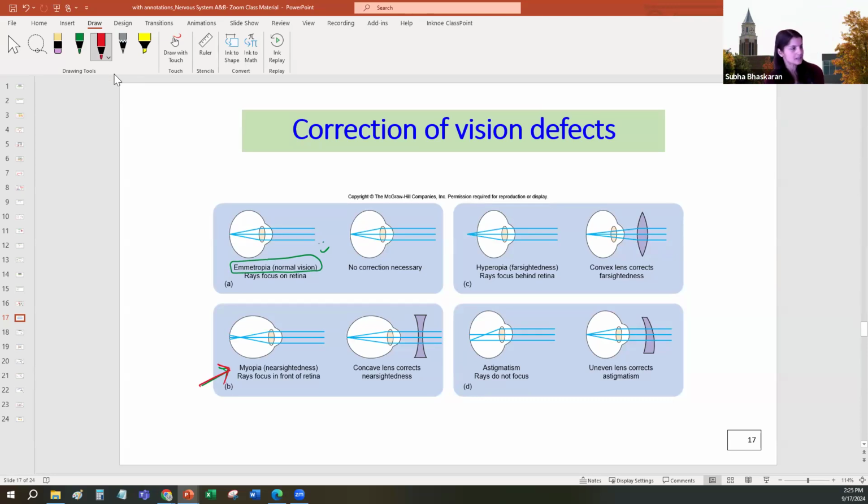Myopia is nearsightedness. This is one condition where we name the condition when it's actually the correct one. Able to see nearby objects clearly. Again, please remember one, the other one is opposite. Myopia is nearsightedness, able to see nearby objects clearly, which means where is the trouble?